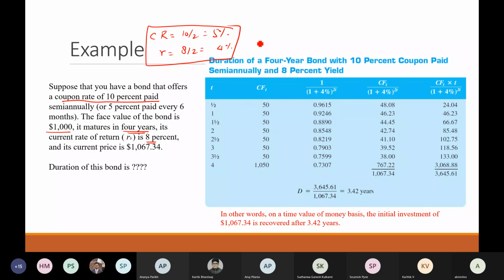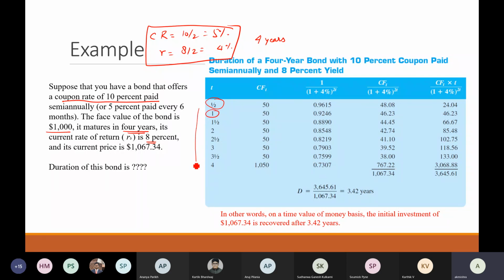So this is the information we have, and in this case your maturity period is 4 years. Now we are going to calculate duration. As I said, this is semi-annual, so your T will be changing by half.